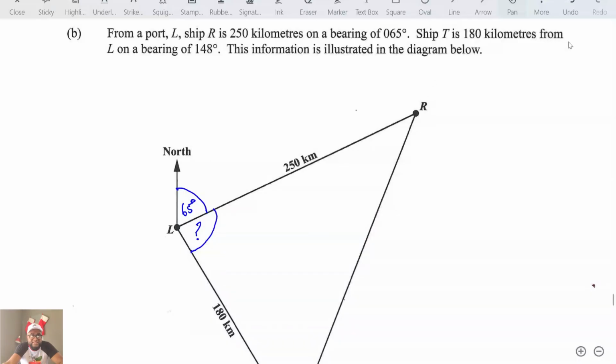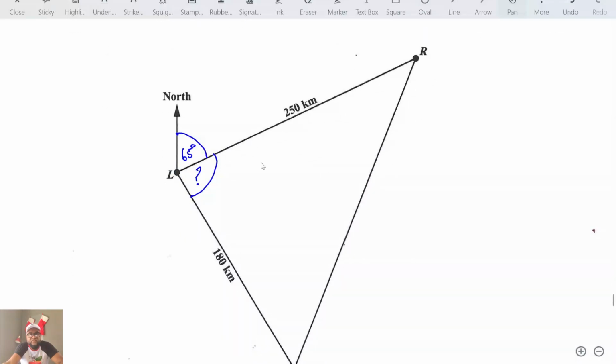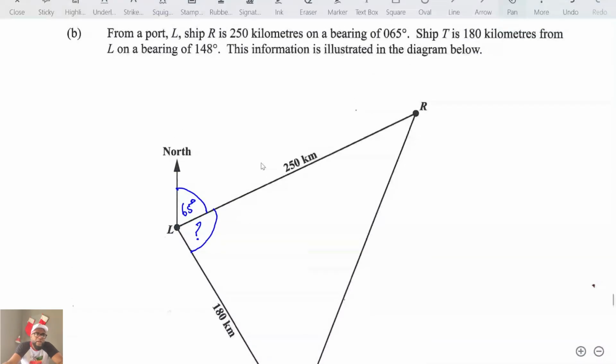And then the ship T is 180 kilometers from L on a bearing of 148, so you're coming from L again. So this bearing starts at the north line, goes in what direction? Are we going clockwise or anti-clockwise? Clockwise. So we're including this angle here to here.